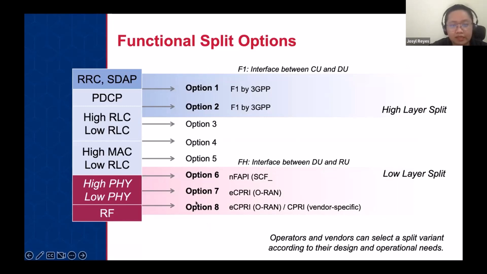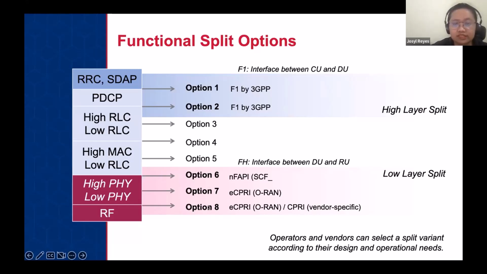So we have options 1 to 8. And then there are options 3, 4, and 5 pa, but they're not as used or not as researched. And then options 1 and 2 interfaces rely on the midhaul interface called F1. So it's the interface between CU and DU, defined by 3GPP.